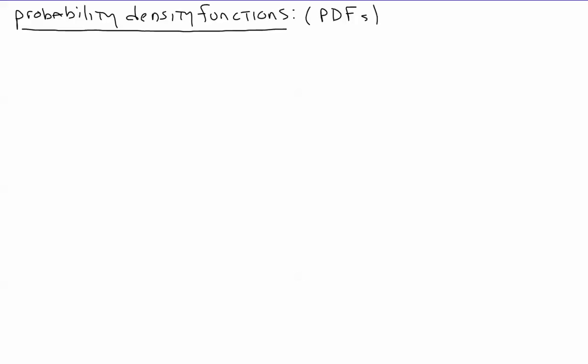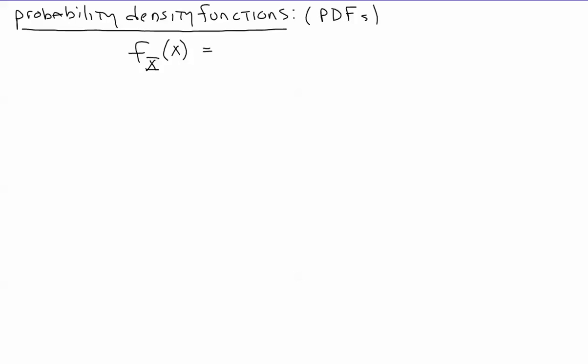All right, let's talk about the properties for probability density functions. The probability density function is designated with a lowercase letter, subscripted with the random variable designation, evaluated at the various real number values, little x.